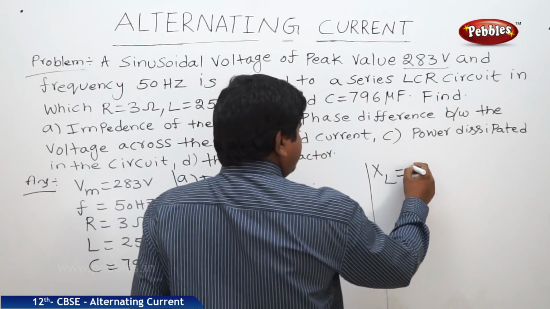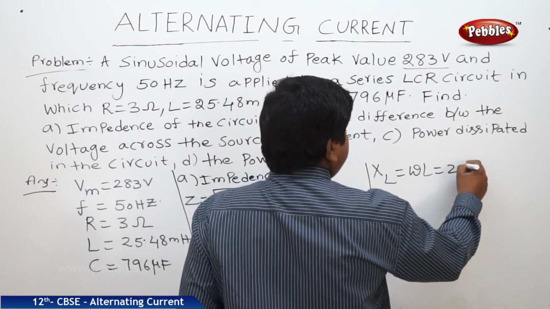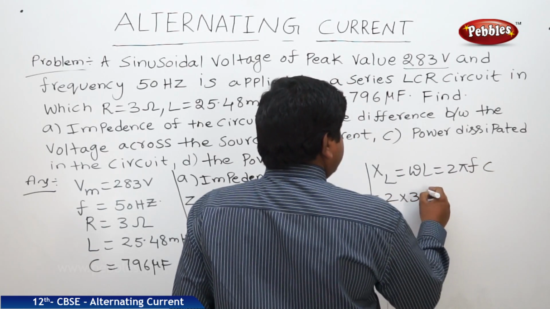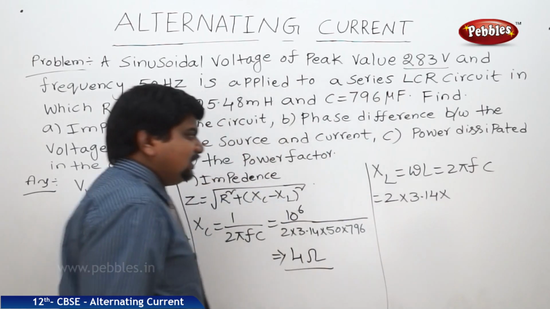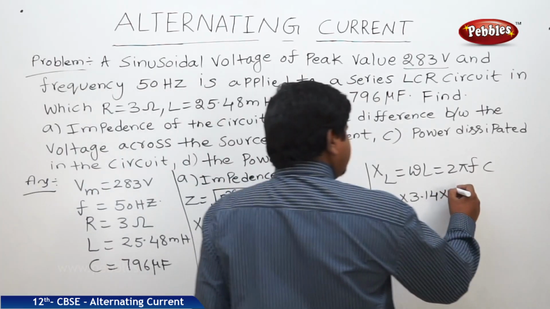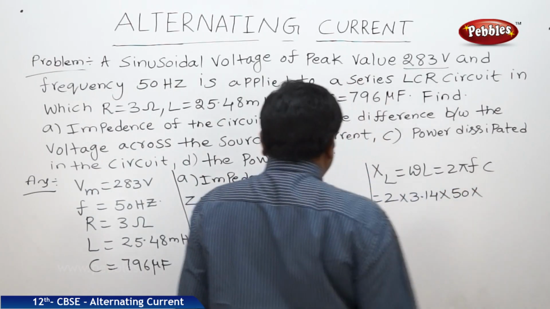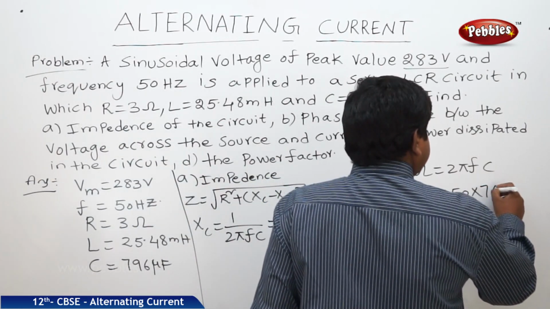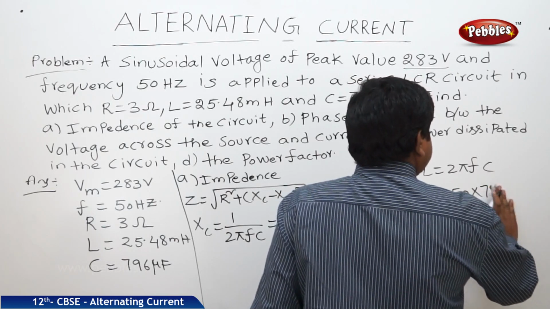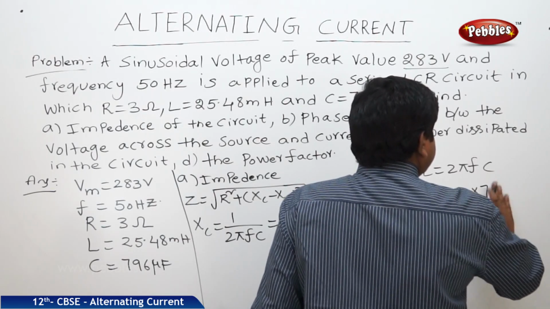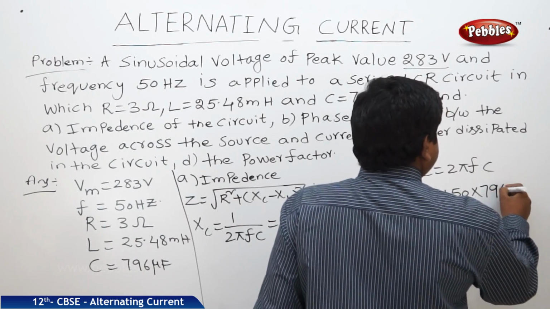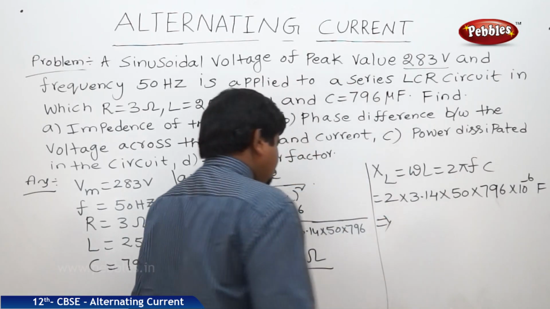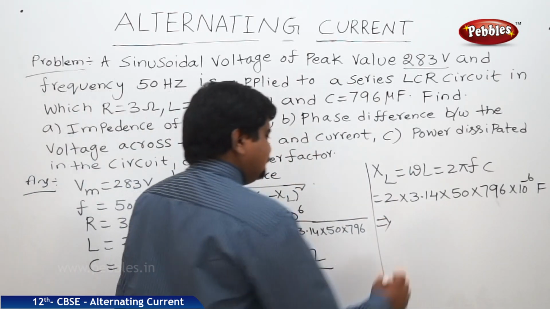This is nothing but omega L, that is 2 pi FL. Therefore 2 into 3.14 into frequency 50, into inductance 25.48 millihenry. Approximately we will get 8 ohms.